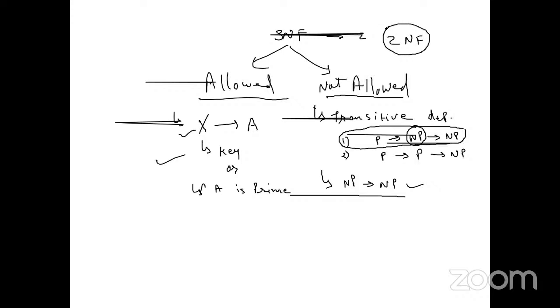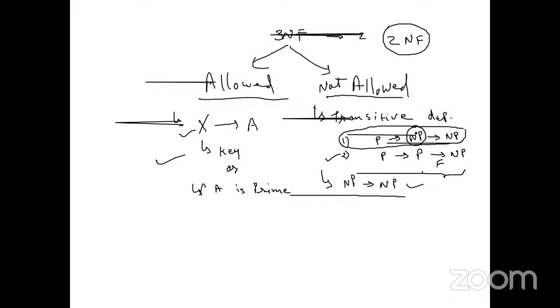If the relation is in the second NF, and there are some dependencies where non-prime depends on prime, obviously it must be fully functionally dependent because it satisfies the rule of second NF. As I'm checking for third NF, I confirm that it is already in the second NF. Hence this non-prime depends on prime fully, and then this prime depends on prime. That's fine. Such transitive dependencies are allowed for third NF. The only thing not allowed is the transitive dependency due to non-prime.